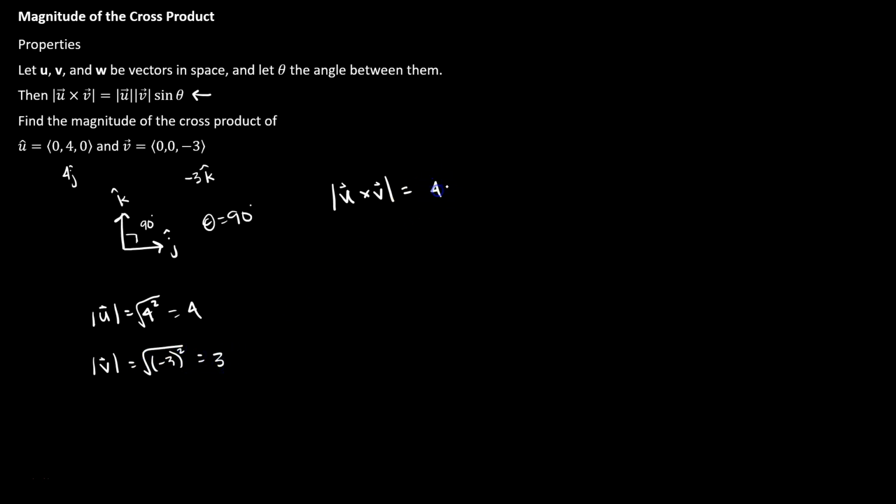So we'll do 4 for the magnitude of u times 3 for the magnitude of v times sine of the angle between them, which we said is 90 degrees. In other words, we have 12 sine 90. Sine at 90 degrees is equal to 1. So our final answer is 12 times 1, or just 12.